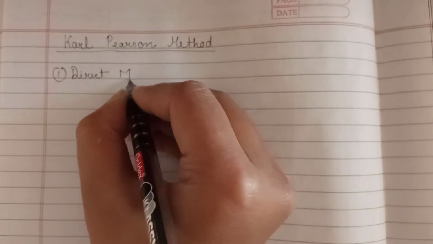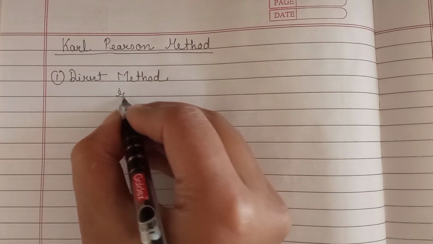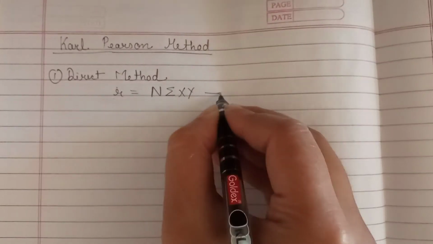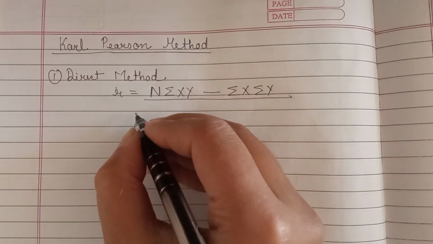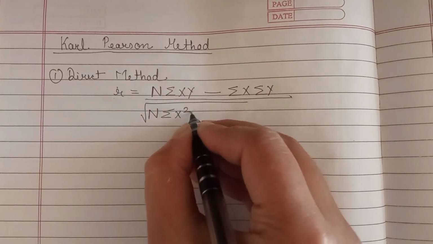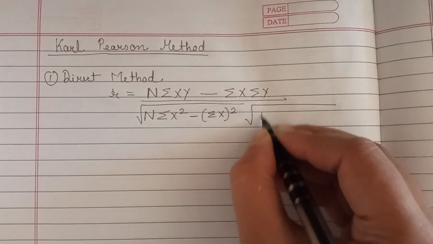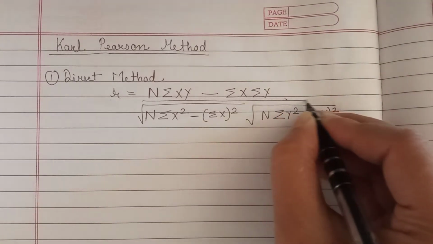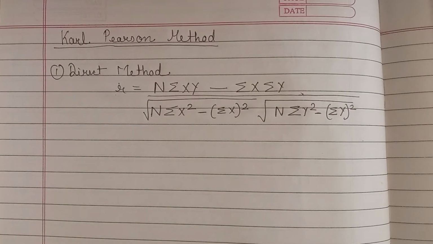The direct method to find out the correlation, which we denote with r, is: r is equal to n summation of xy minus summation of x times summation of y, divided by root over n summation of x square minus summation of x whole square, times root over n summation of y square minus summation of y whole square. This is the formula for the direct method for finding correlation with the help of the Karl Pearson method.